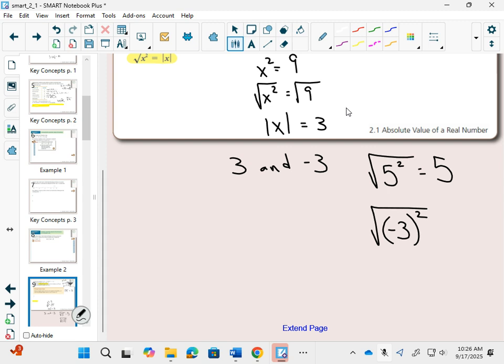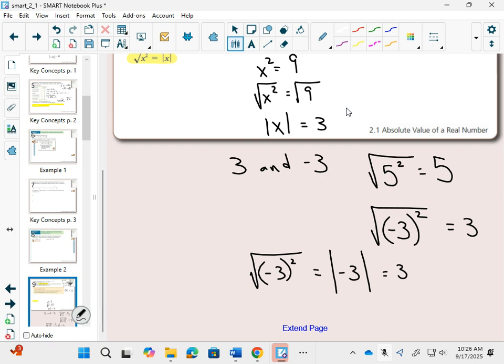So order of operations, you would technically do what's inside first. Negative 3 times negative 3 is 9. And then the square root of 9 is always positive. The answer to this is 3. So an intermediate step is using the absolute value bars.